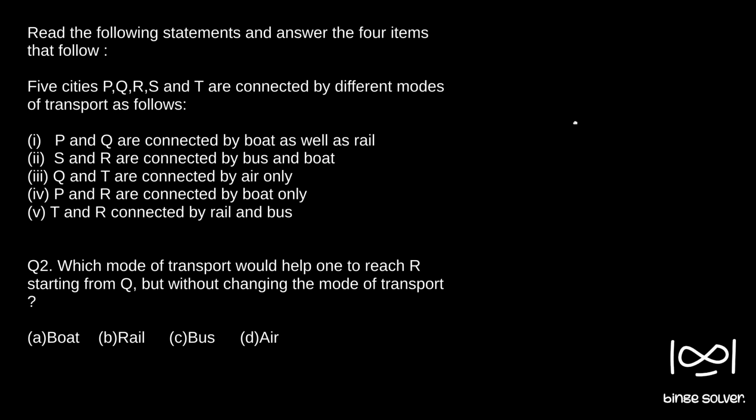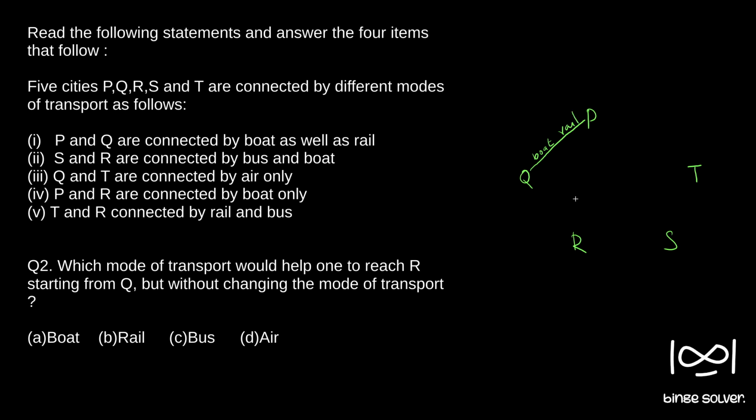So for that we'll write P, Q, R, S, T, the cities. It is given P and Q are connected by boat as well as rail.